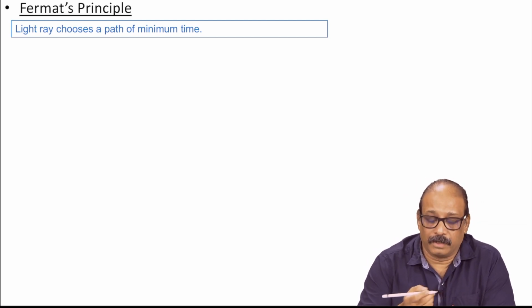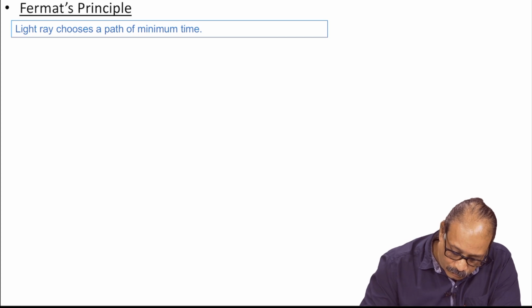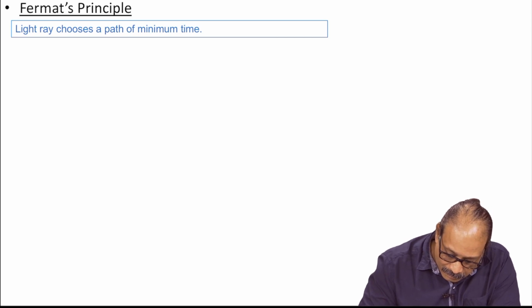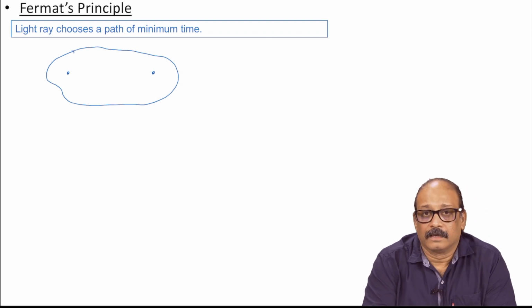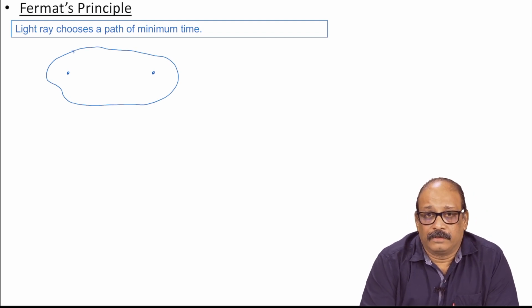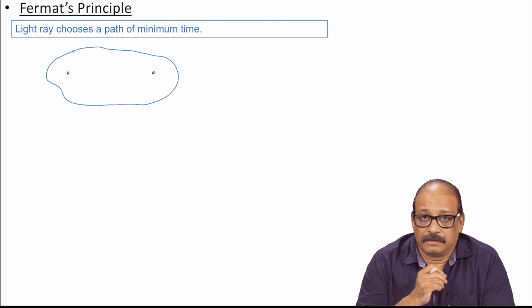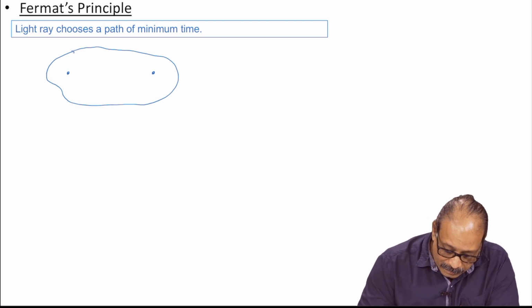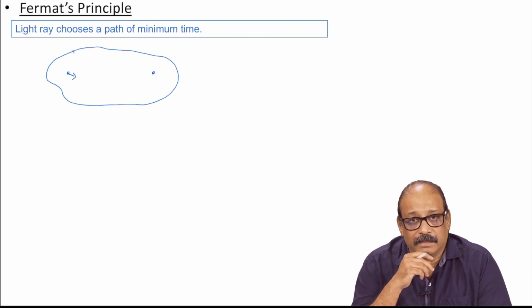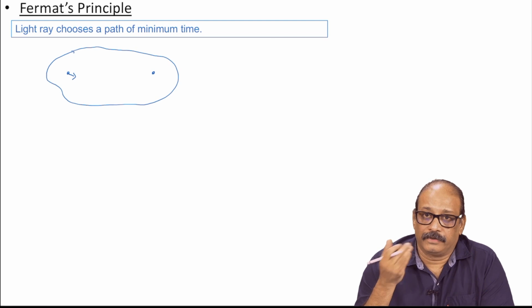So, to put it more formally, let us take some region. In this region I have these 2 points, and I want to find out, if one of the points emits a ray, which path this ray would take to reach point B.